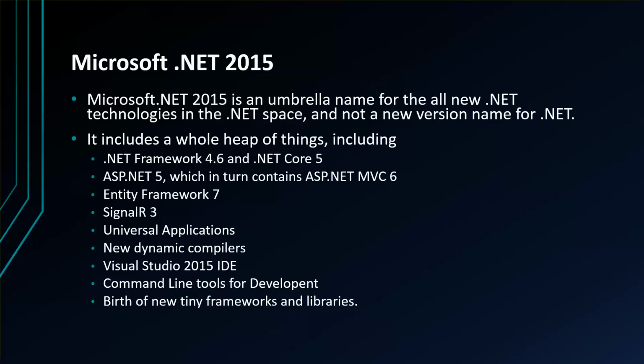So we can say the .NET Framework 4.6 and Core 5, ASP.NET 5, Entity Framework 7, SignalR, universal apps, dynamic compilers, the development studio, command line tools, and all these small frameworks together, with respect to the .NET world, we call Microsoft .NET 2015.